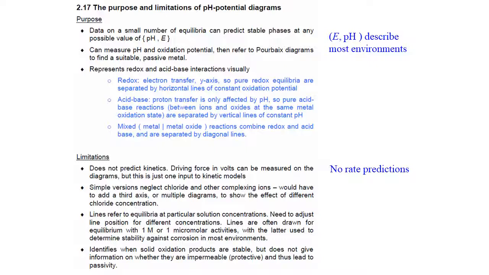A third limitation of the pH potential diagram is that they are typically constructed with equilibrium lines showing equilibrium between the solid phases and a particular solution concentration. More complex diagrams are drawn with a multiple array of parallel equilibrium lines, each showing equilibrium with different concentrations of ions in solution.